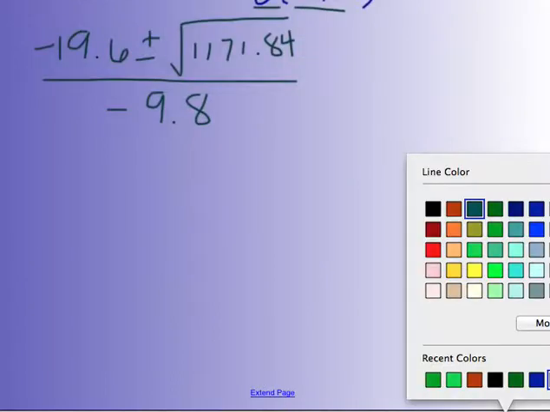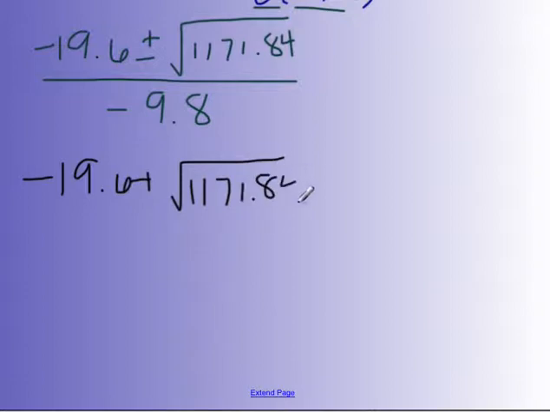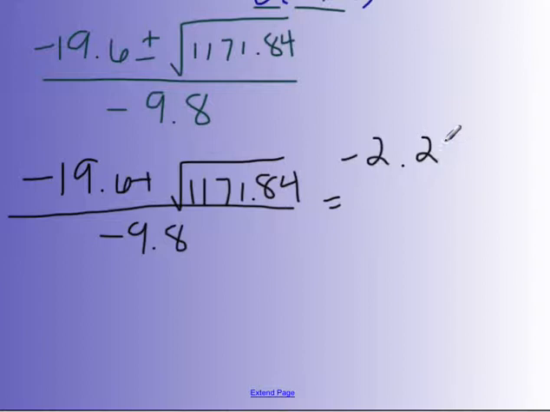So first I'm going to write out my positive version. So I have negative 19.6 plus the square root of 1171.84. Then you're going to hit enter. Once you've hit enter, you're going to divide by negative 9.8. So you take that answer divided by negative 9.8 and you're given negative 2.295.